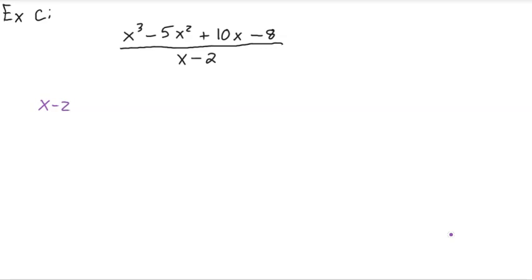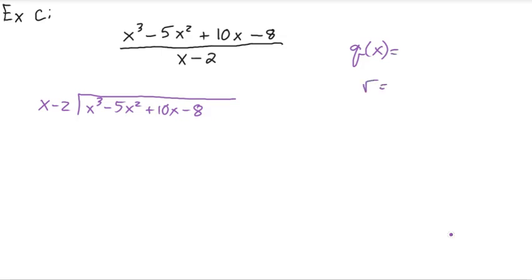We're going to take x minus 2 and we're going to divide it out of x cubed minus 5x squared plus 10x minus 8. And when we're done, we're going to want to write the quotient, and we're going to want to write the remainder. Okay? So x cubed divided by x is x squared.